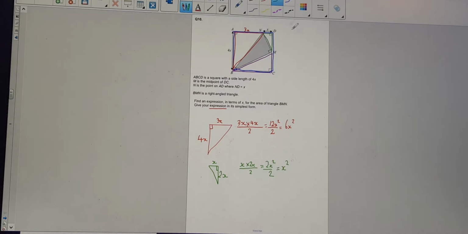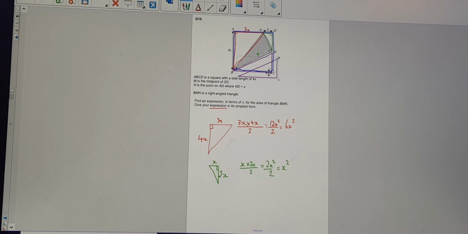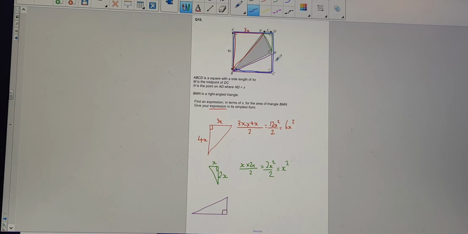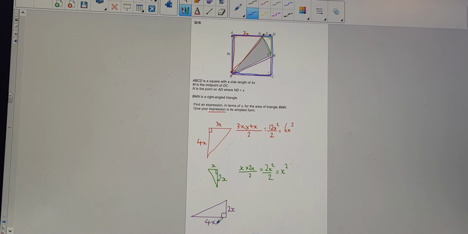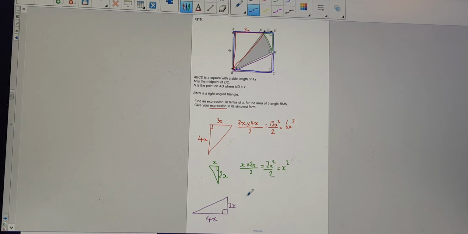Final one that we've got to worry about is this triangle here. I know that that bit there is, well, we just said a second ago that that's the midpoint. All of that's 4x, therefore this bit's 2x as well. This is simply the length of the bottom of the square. So this is 4x. Base times perpendicular height divided by 2.